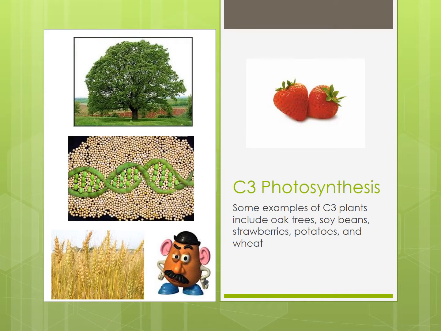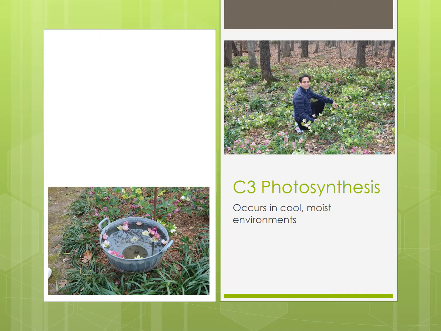You have lots of different examples: oak trees, soybeans, strawberries, potatoes, wheat. Any of these plants that require a lot of water are going to be C3 photosynthesis. Typically, they exist in cool, moist environments. Anything down by a creek is going to be a C3 plant. Usually, if they're in the shade of another tree, C3. They're cool areas.